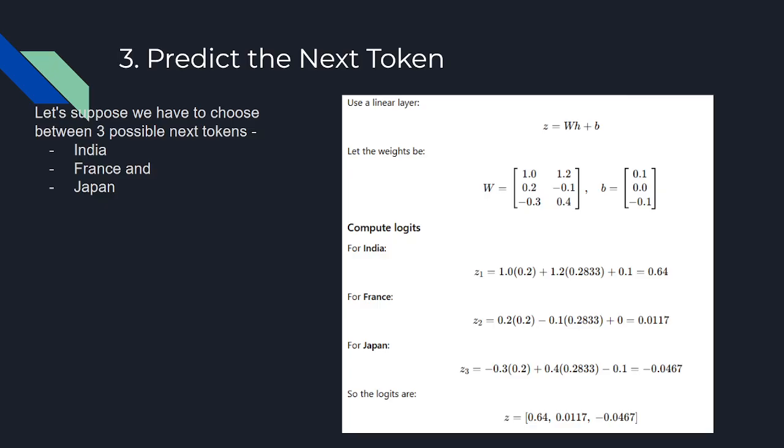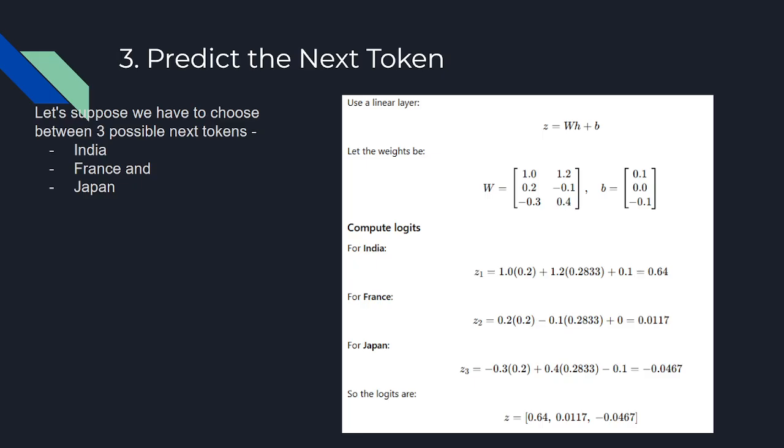Now, moving on, we actually have to find out the next token. We have three particular tokens that can be taken into account when predicting the next token: India, France, and Japan. We've just taken a very simple input for those particular matrices. And we've assumed that we have a formula which is weights times the context vector, H, plus some biases.